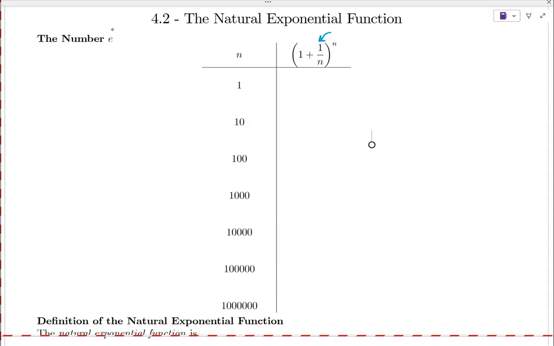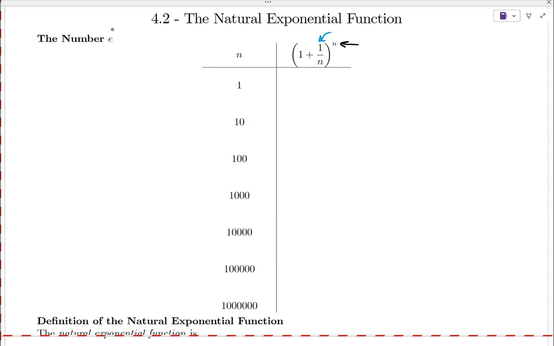You agree with that? If you put in something like a million, you get 1 and 1 millionth. That's pretty close to 1, right? What did we just say a little bit ago? I raise 1 to any power, I get 1.